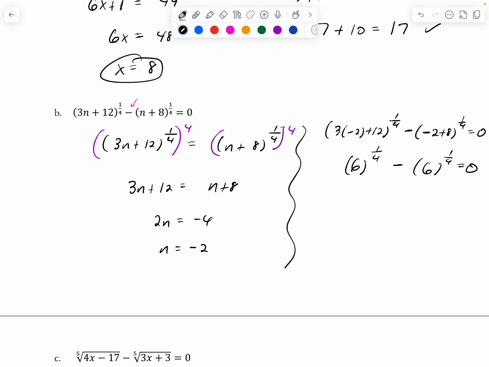And the key thing here, guys, because of that index of 4, if you wrote this as the 4th root of 6 minus the 4th root of 6, you have to make sure that you have a positive number inside the radical because of an even index, and 6 is positive, so this works. So just be careful with that when you have an even index.